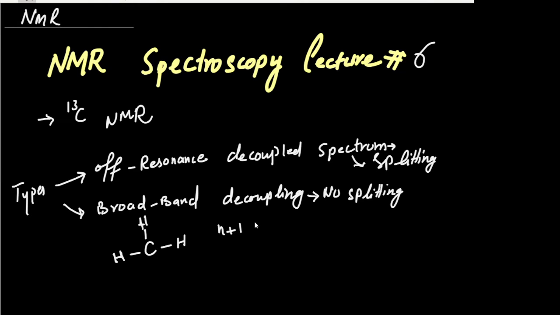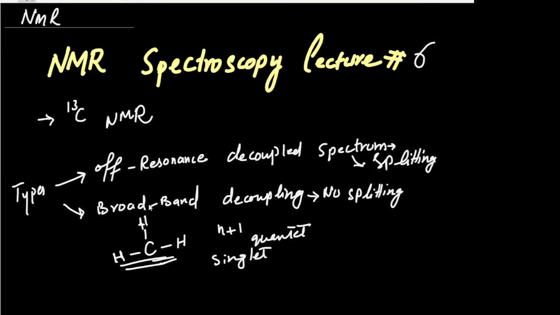As we have studied in the splitting of the proton NMR, we always have to add 1. This is the multiplicity, so this will give us a quartet. But on the same molecule, if we perform broadband decoupling, then there will be a singlet in the spectrum. There will be no quartet.